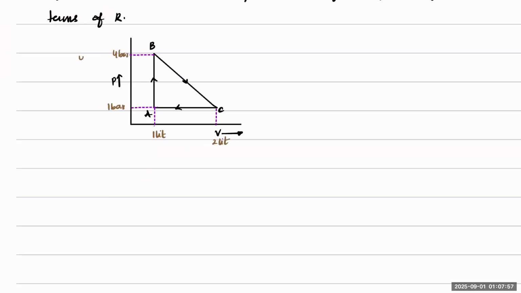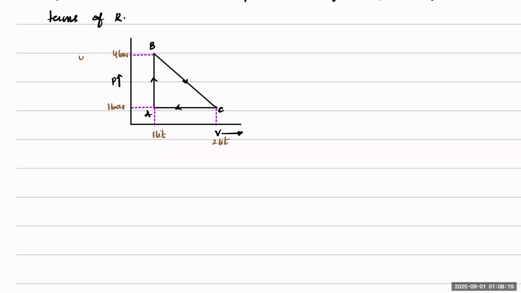Now, notice one thing. A to B is a defined process. And what is that process? It is an isochoric process. C to A is also a defined process, which is isobaric process. But what about B to C? Can you see B to C is some polytropic process, isn't it?